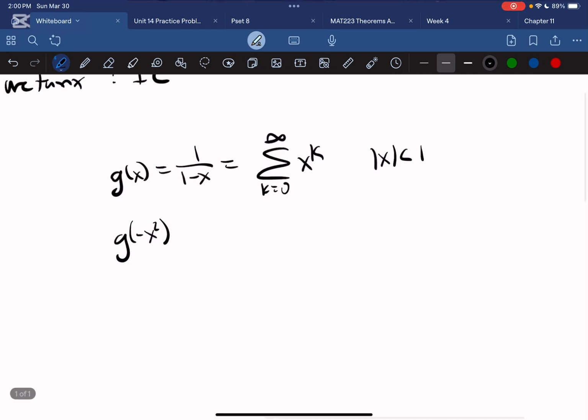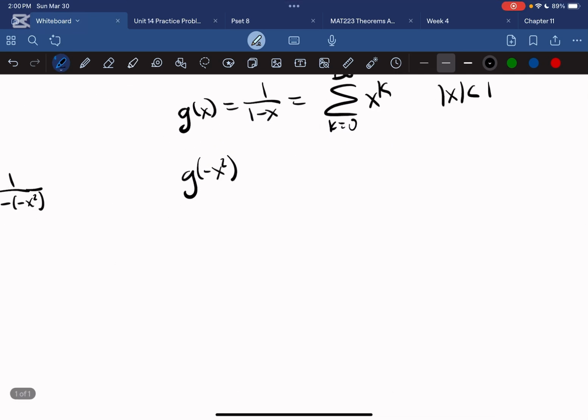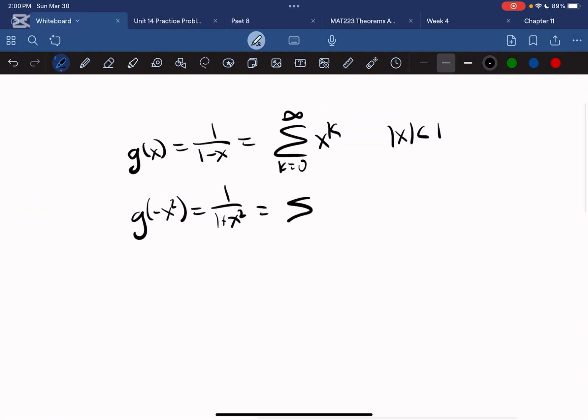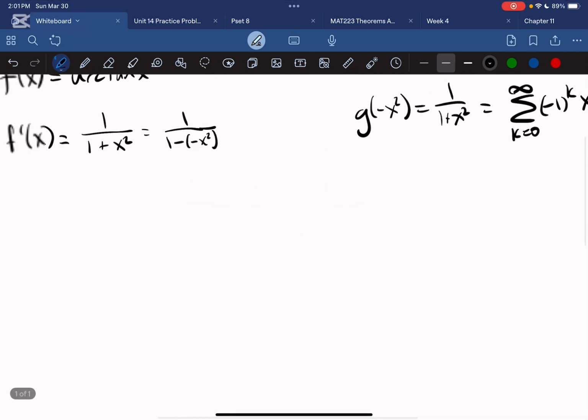When we plug in this negative x squared, we end up with negative 1 to the k times x to the 2k.